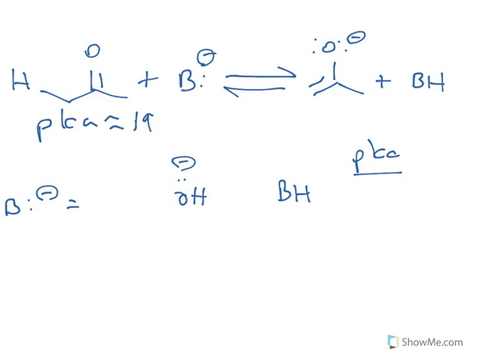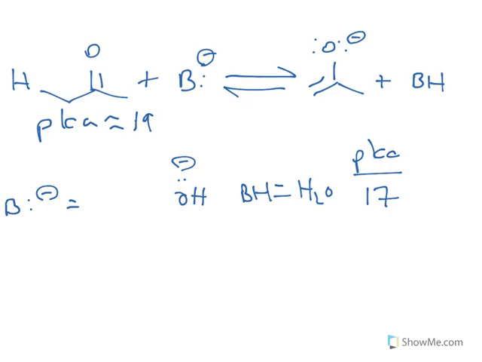Water, right? Pardon me. Let me back this up a little bit. So BH would be equal to what? Water. How do I know that? Well, B minus is OH minus. I add a proton to it, it becomes H2O. So BH, the pKa, is 17.